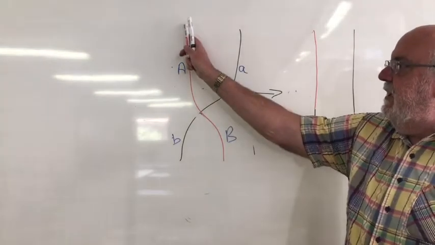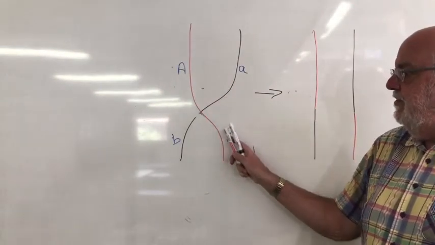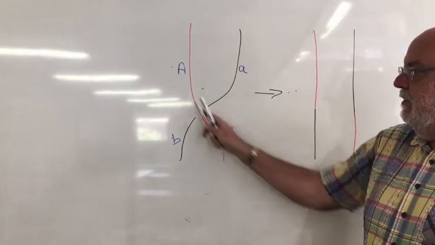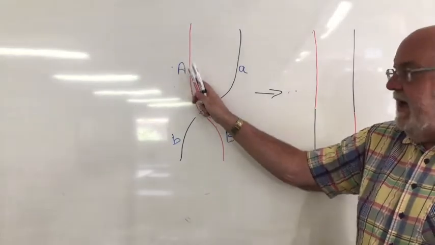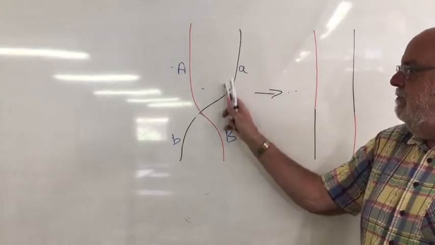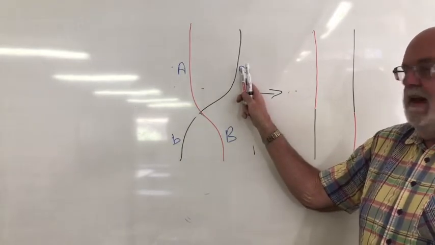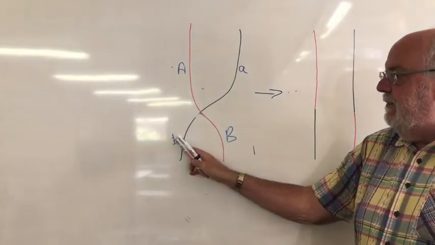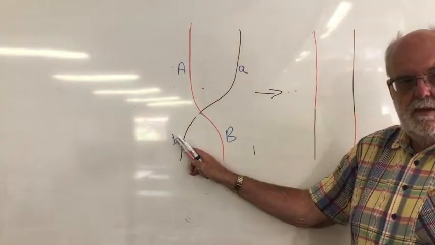So this particular chromosome has two dominant alleles, the dominant allele of gene A and the dominant allele of gene B. This chromosome has the recessive allele of gene A and the recessive allele of gene B.